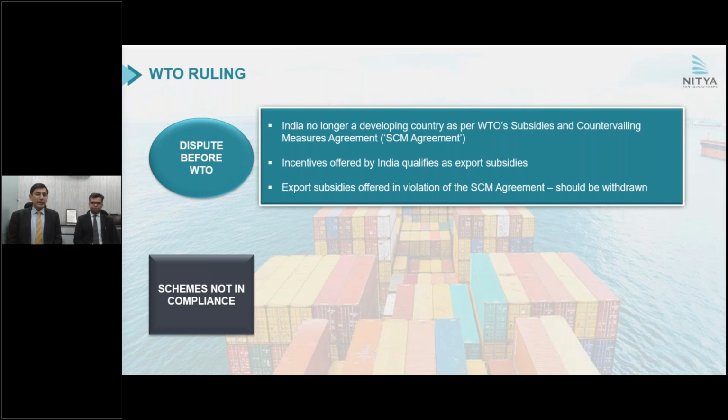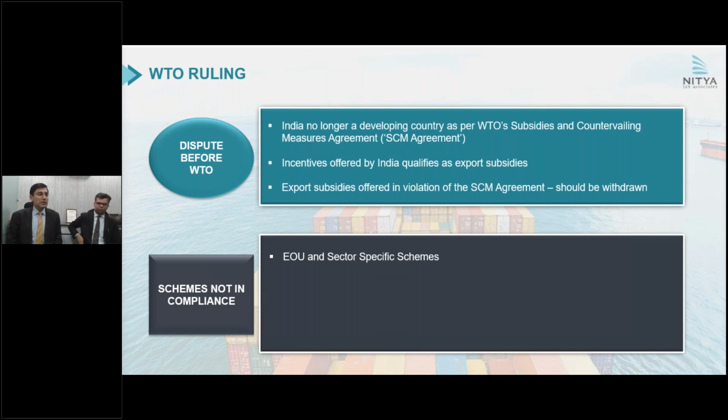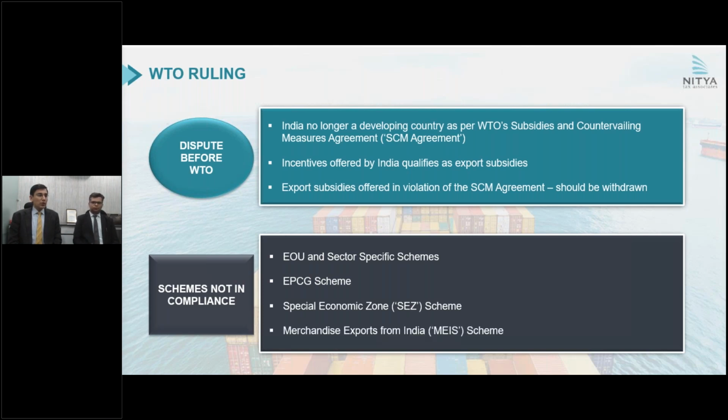One thing I want to highlight is that WTO only permitted export incentives which compensate for goods consumed in the manufacture of export goods. Other incentives like EOU and sector specific schemes, because EOU also grants benefit for capital goods, the EPCG scheme which is not only relatable to raw materials, the SEZ scheme which is also widespread just like EOU, and the MEIS scheme which is for offsetting infrastructural inefficiencies, the WTO found all these to be non-compliant.